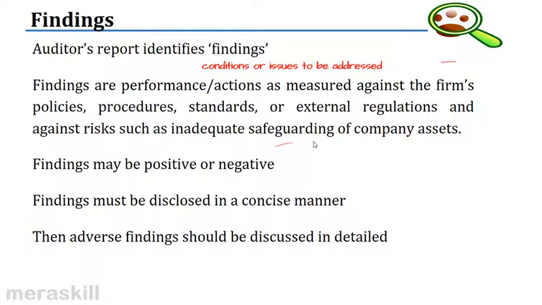So finding is I find out whether they are in compliance, whether internal controls are adequate, whether there is enough risk management, whether the company assets are safeguarded or not. That is my finding. This may be positive or negative, and they must be disclosed in a concise manner in a summary sheet, and then wherever there is an adverse finding, it must be discussed in detail.